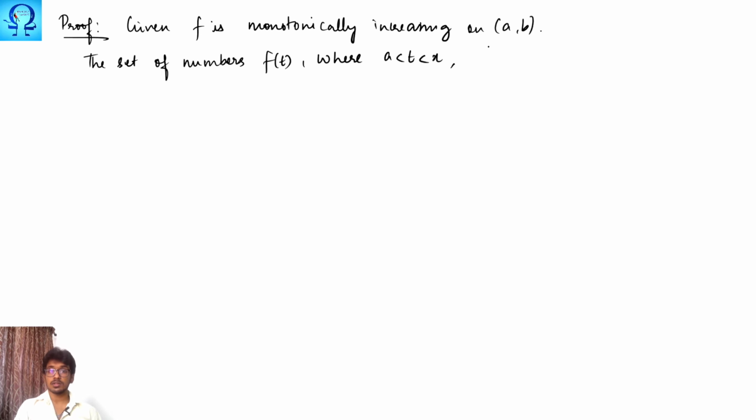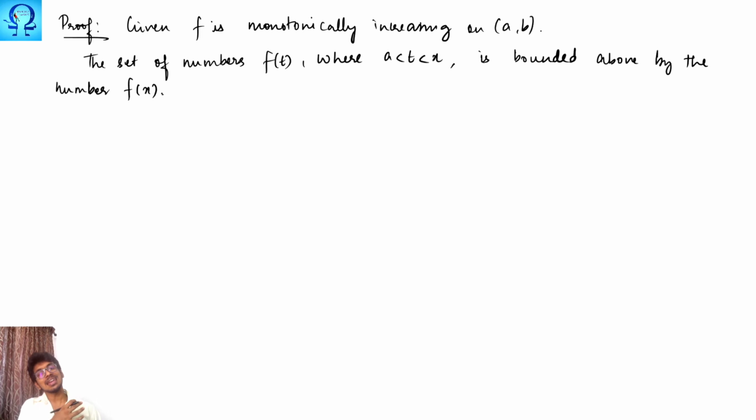Here monotonic means we are talking in the set of real numbers. This is going to be a bounded above set, bounded above by the number f of x, because it is monotonically increasing. If it were monotonically decreasing, this set would be bounded above by f of a.